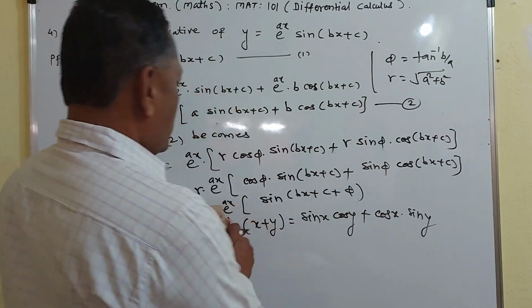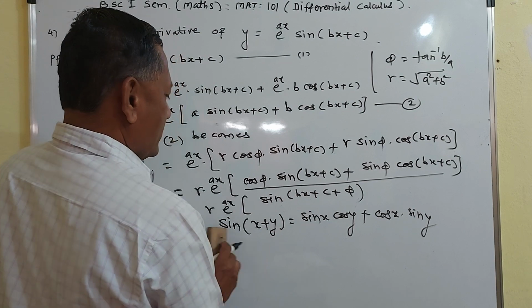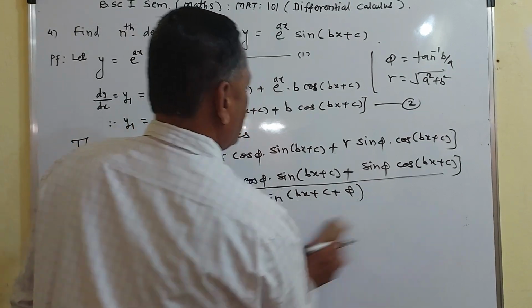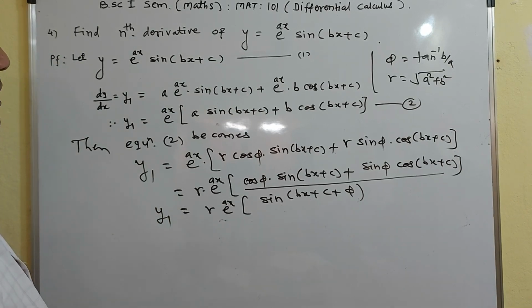This is the expansion of sine of bx plus c plus phi. So y1 is equal to this.